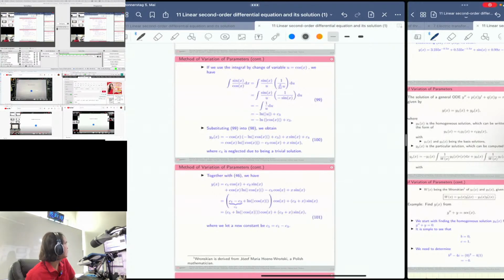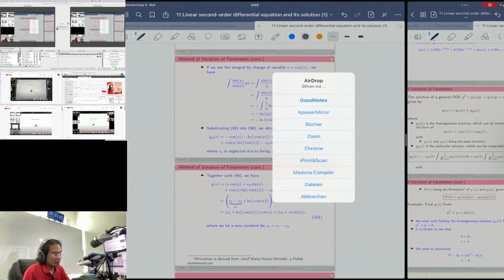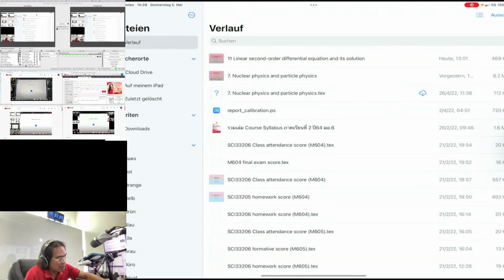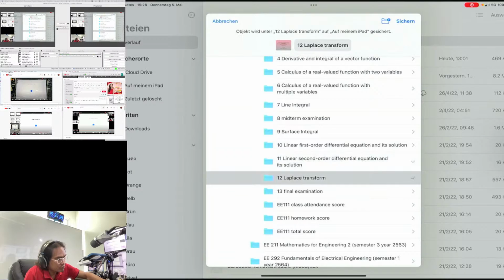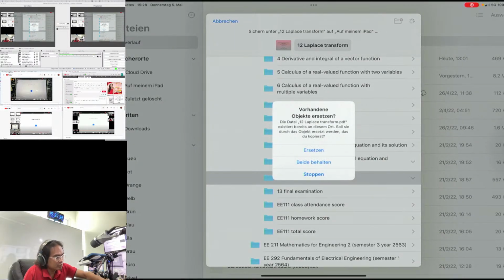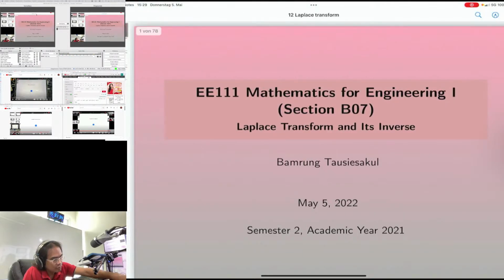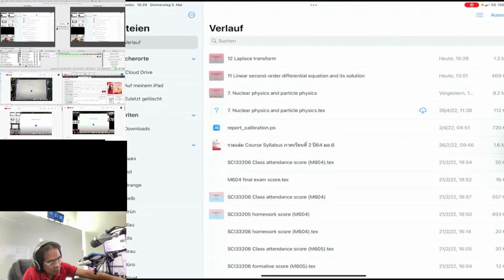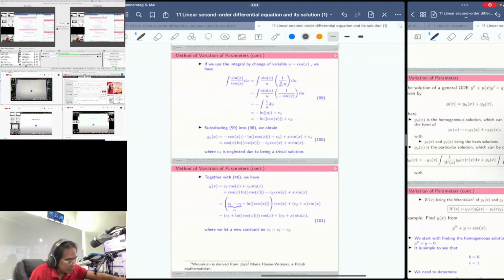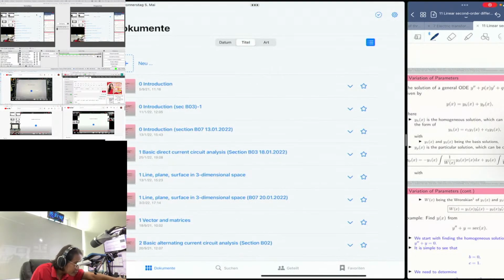Laplace transform, right? I'm gonna open chapter 12 in GoodNotes on the iPad.